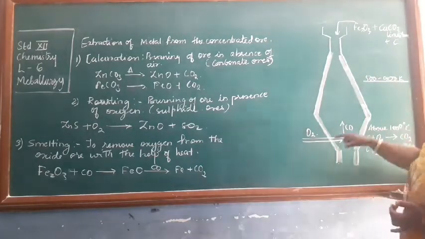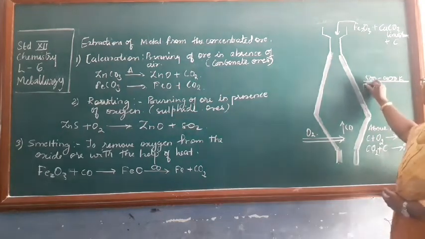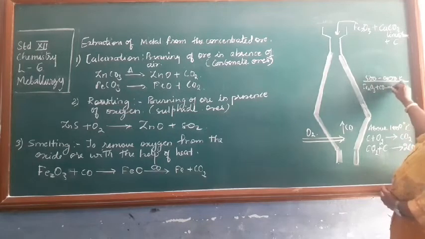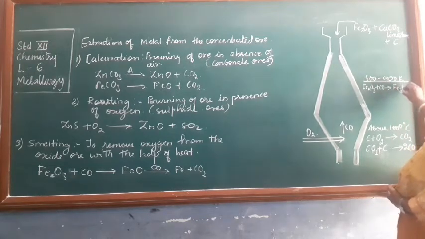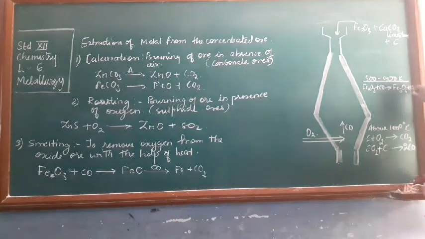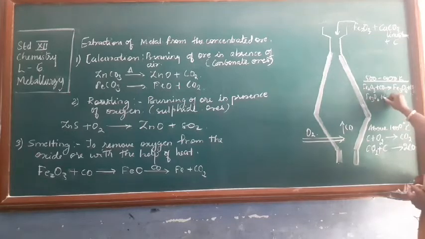Now the temperature range of 500 to 900 Kelvin is where the reduction of the iron oxide takes place. Which reactions does it undergo? Fe2O3 plus carbon monoxide gives you Fe3O4 plus CO2. Then Fe3O4 plus CO again gives you FeO plus CO2.